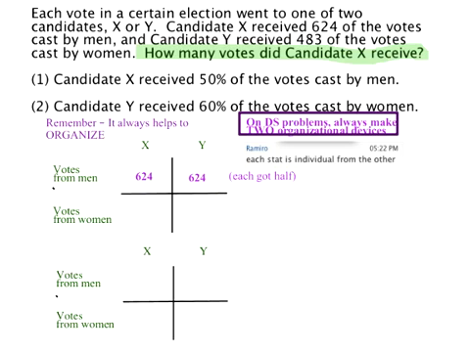But then candidate Y received, we don't know statement 2 yet. So candidate Y received 483 votes from women, and then this is just a gigantic question mark. But notice that the goal is the total number of votes in that left-hand column. We don't care about the right-hand column, we care about the left-hand column. So this is going to be not sufficient.